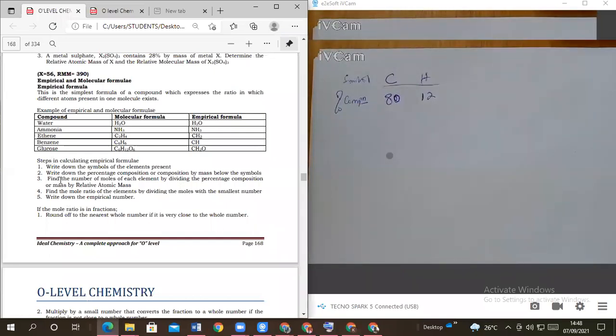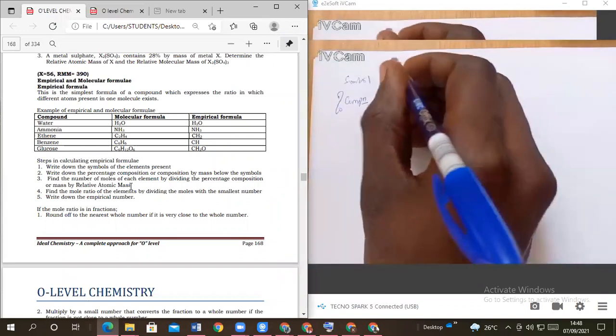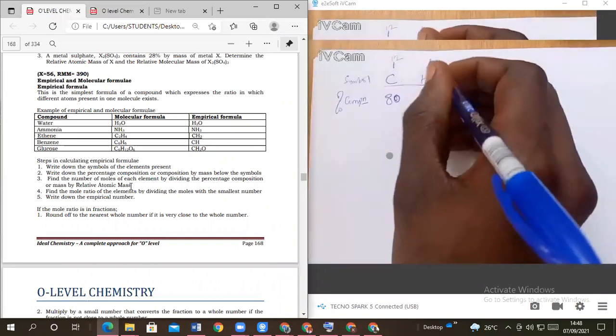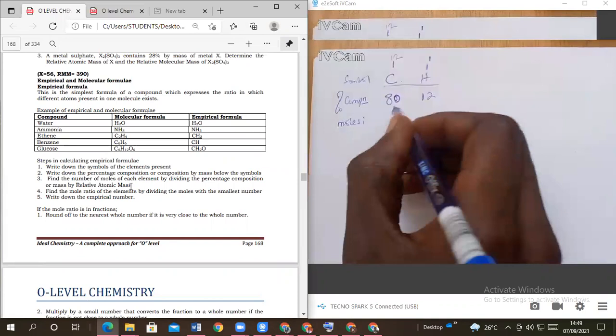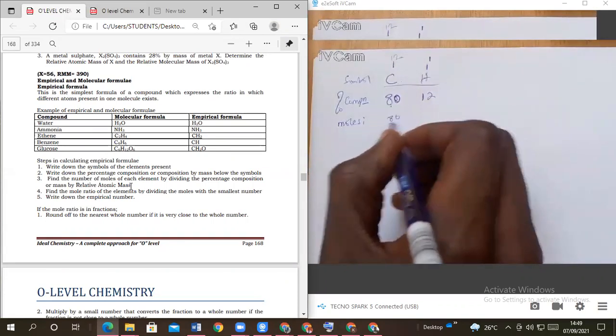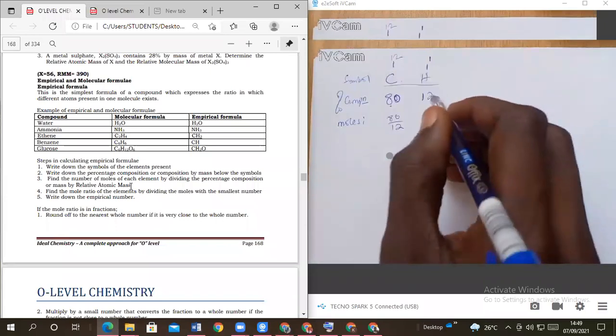After this, find the number of moles of each element by dividing percentage composition by the relative atomic mass. Like in the table, carbon is 12, hydrogen is 1. So we find the moles present by dividing this 80 by 12. Each element has its own relative atomic mass.